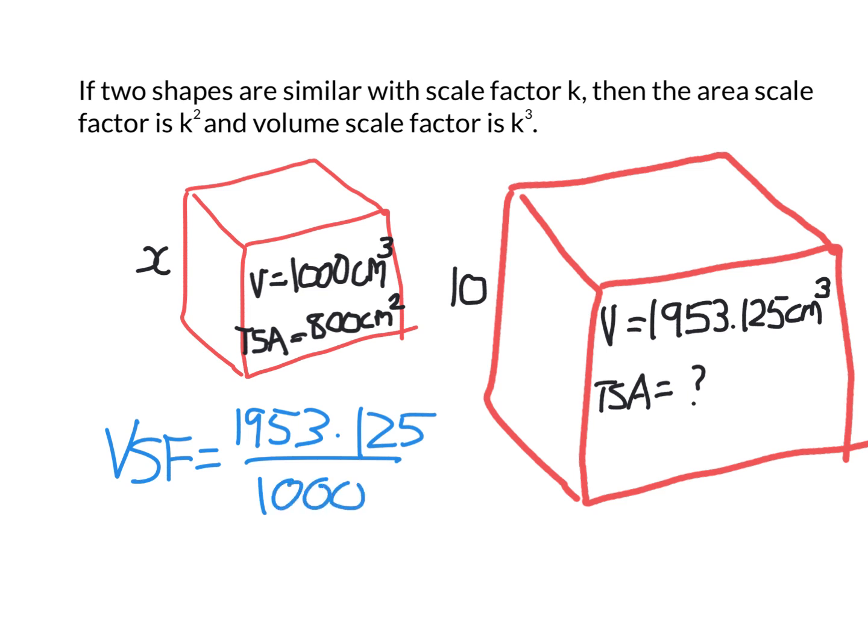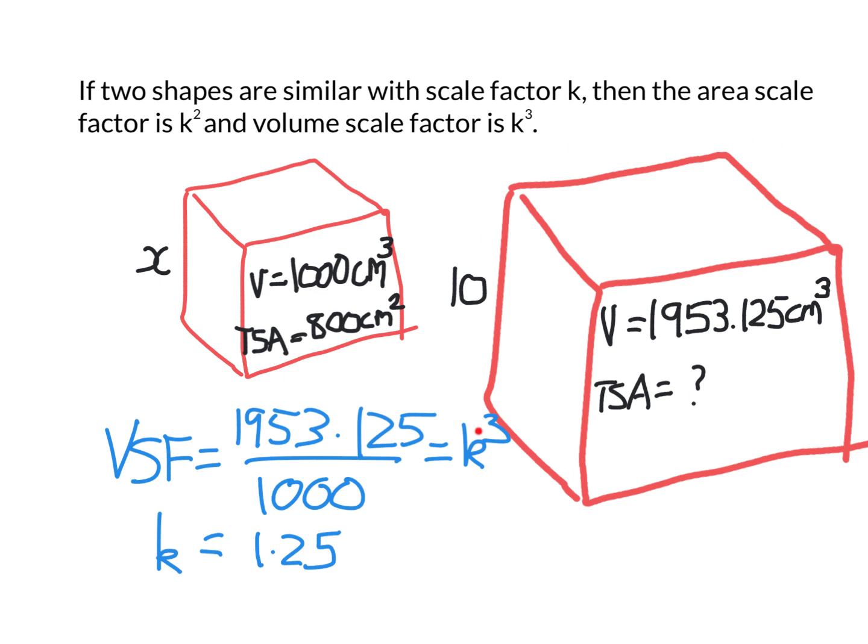But the volume scale factor is equal to k cubed. So to find k, the scale factor, I cube root this number on my calculator. And what I should get is k equals 5 over 4 or 1.25. The scale factor for sides is 1.25.